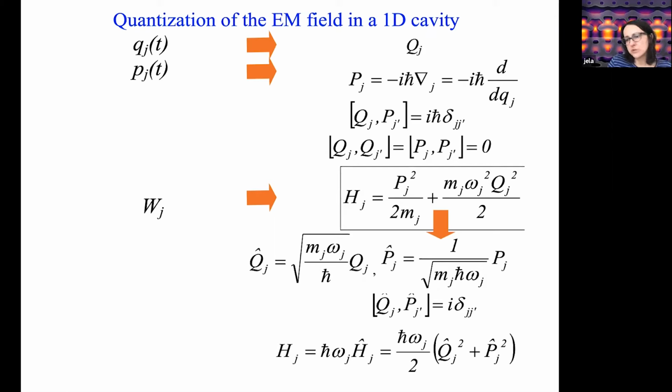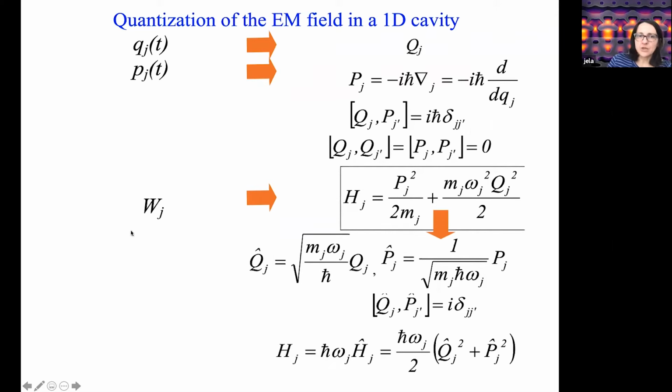When you look at two different modes of the system, their operators all commute. Why are they commuting? Because you started from independent harmonic oscillators. They're operating on completely different eigensubspaces. So for one specific mode, when j is j prime, the Q, P commutator is i h bar, but for two different modes, they all commute because you started from an orthonormal basis, and that makes your life much easier.